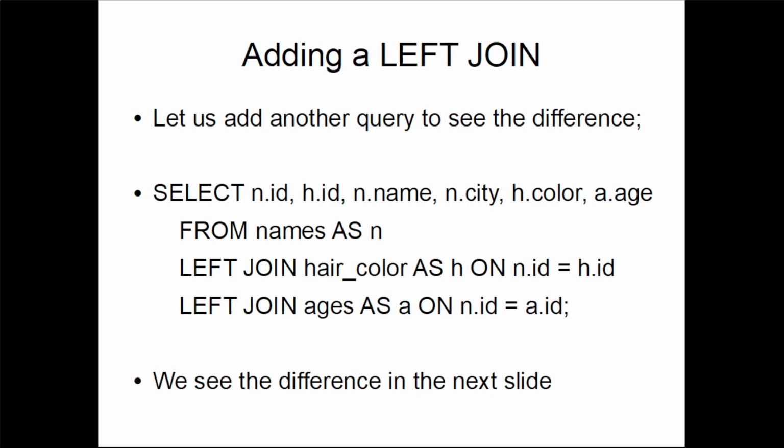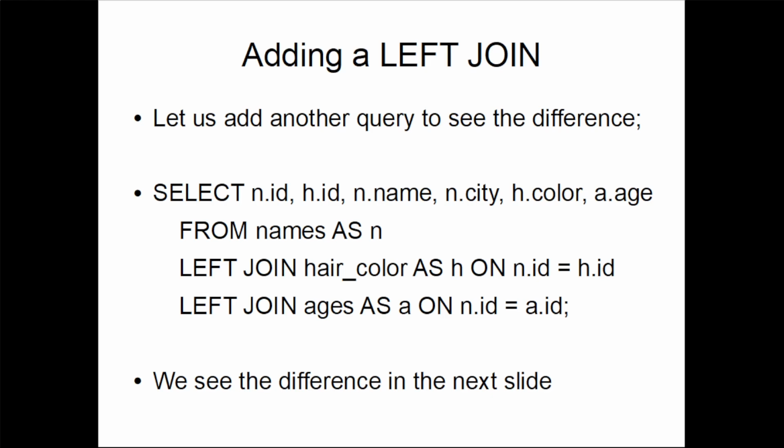What changed? From full to left, the query is nearly identical to the previous one, except we replaced full join ages with left join ages. Impact on results. Full join included all rows from both names, with hair_color matches or null, and ages, with null for non-matching rows in either direction.